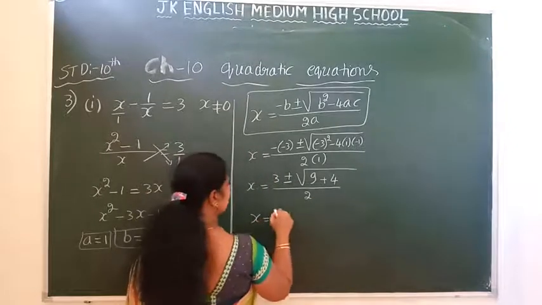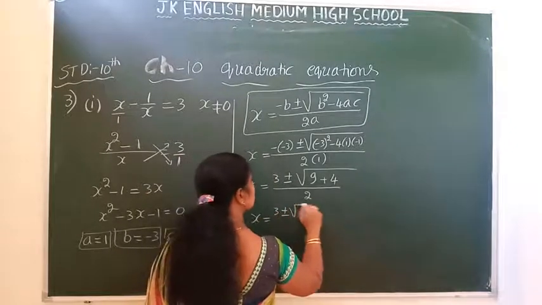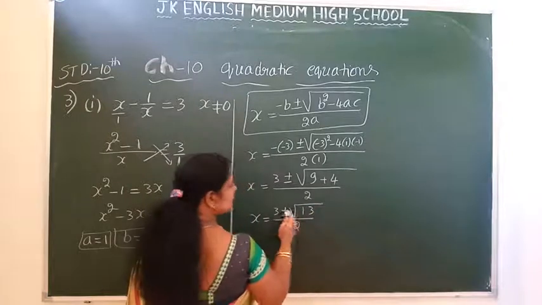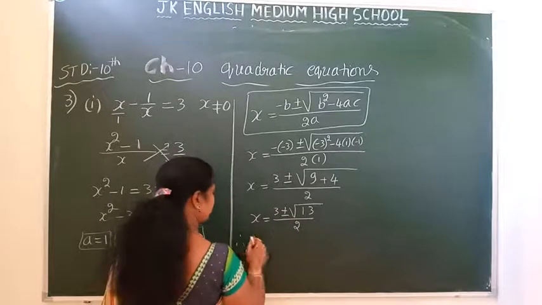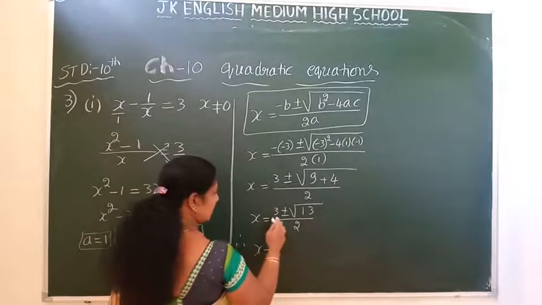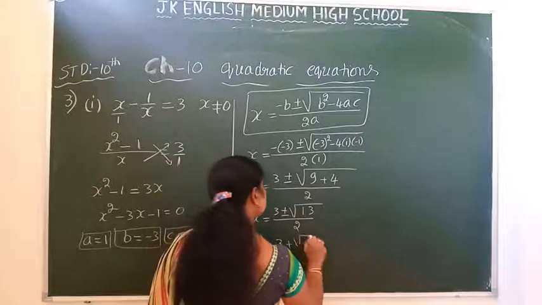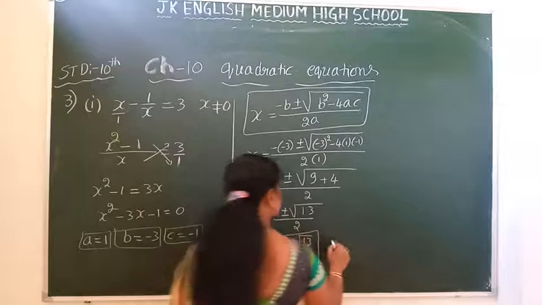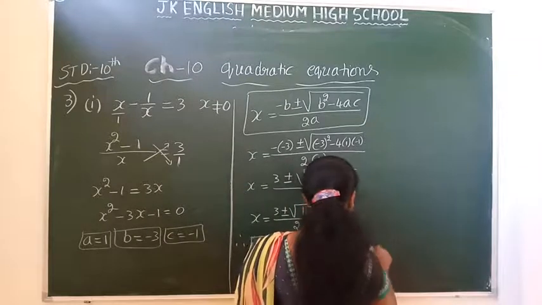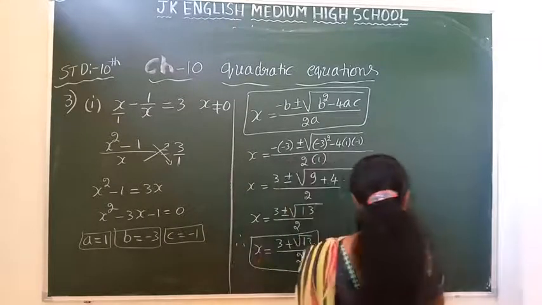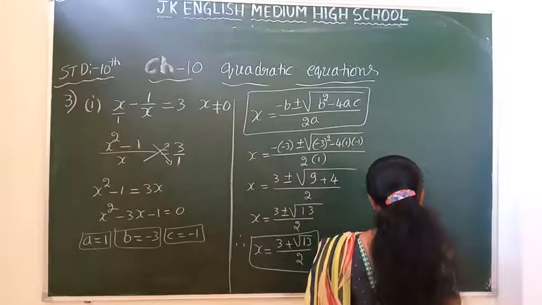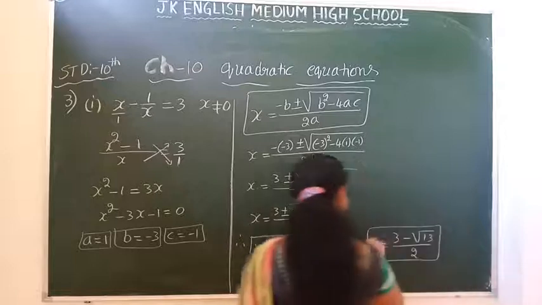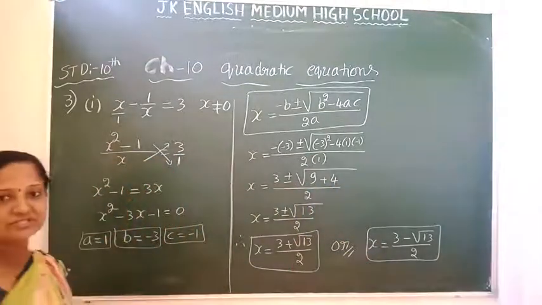Then x is equal to 3 plus or minus square root of 9 plus 4, which is 13, by 2. These are the two roots. Therefore, the roots of this quadratic equation are x is equal to 3 plus root 13 divided by 2 and x is equal to 3 minus root 13 divided by 2.